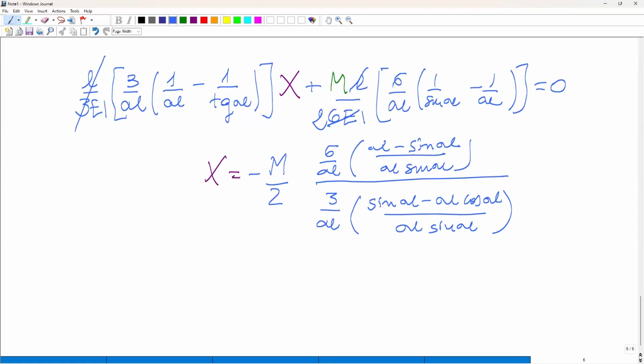So once more, how have we written our solution? Well, we have written here as an initial term minus M over 2, which is the value that you will find even if you don't have any axial force.